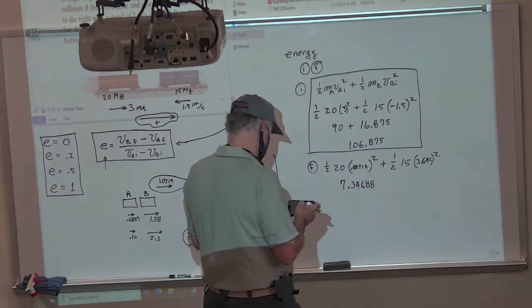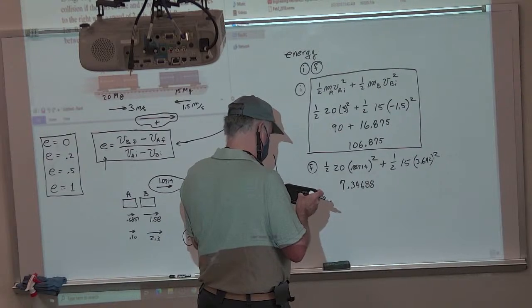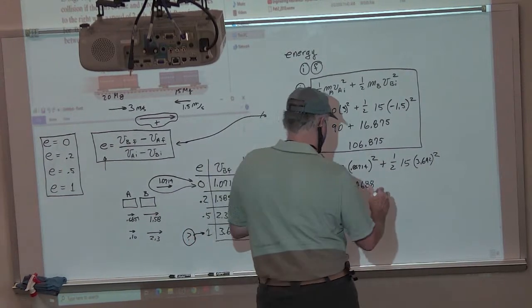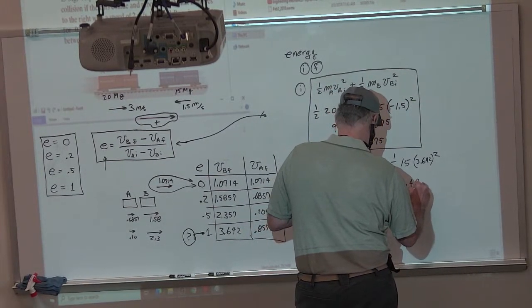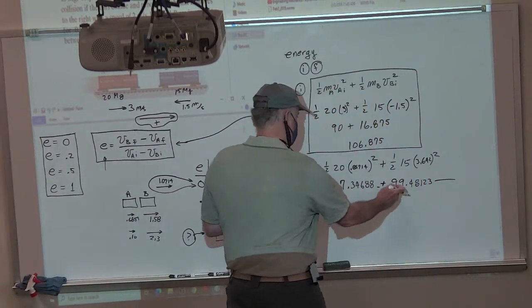I think I did that right. 3.642 squared times 15 divided by 2, 99.48123. Now, of course, there's a few digits there. I'll add these two together.